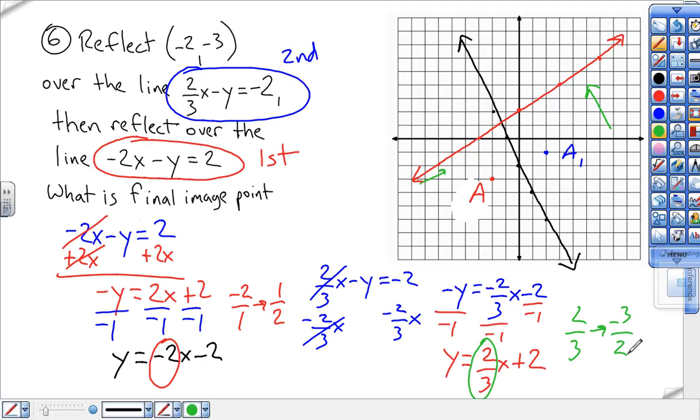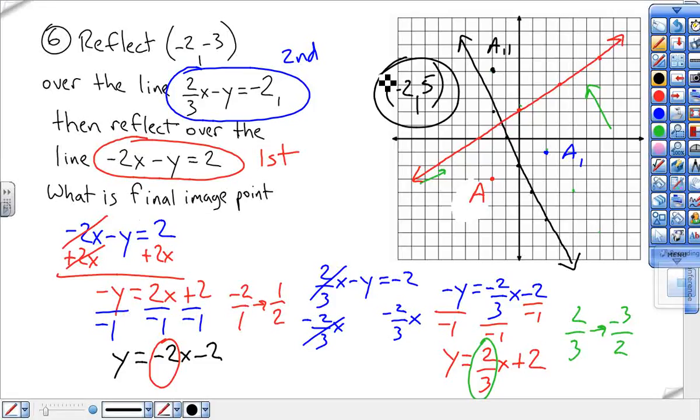So I need to approach that line with a slope of over 2 down 3, but I can't go this way. So if I stair step backwards, I will end up right here. That's where I wanted that point to be on my original handout. I'm sorry I made a little mistake on that, but that is A double prime. That is the point -2 for x, 1, 2, 3, 4, 5 for y.